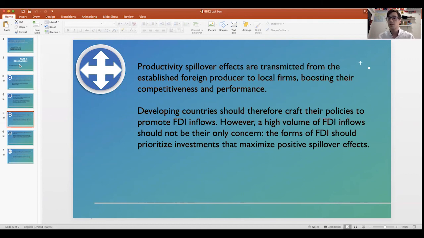In terms of policy creation, this is a balancing act. If you capture all of the gains, no one is going to invest in your country. But if you allow foreign companies to simply set all of the rules and invest as they want, you may not get many spillover effects at all. It's a balancing act.